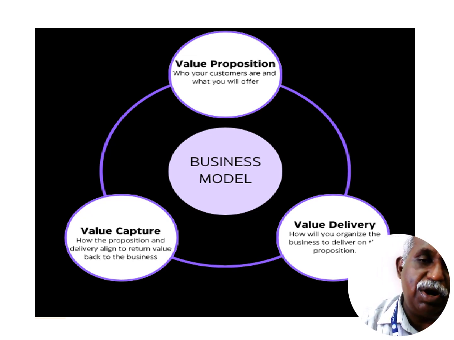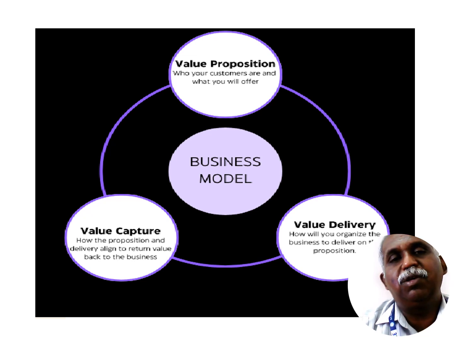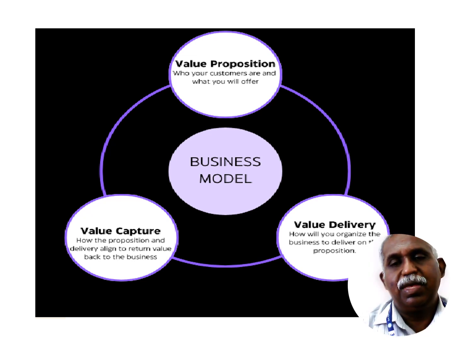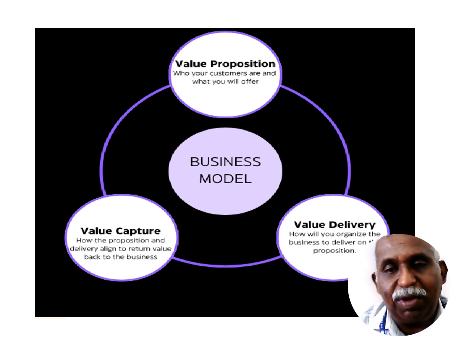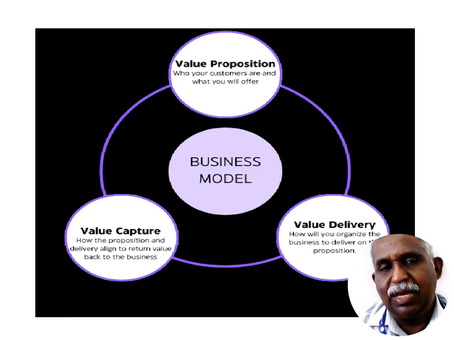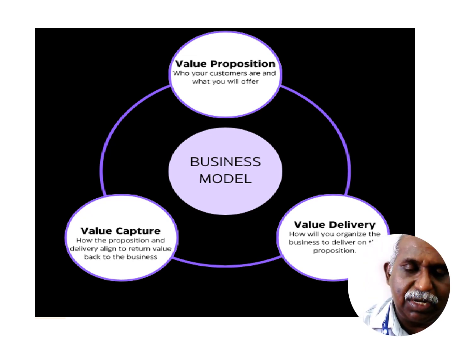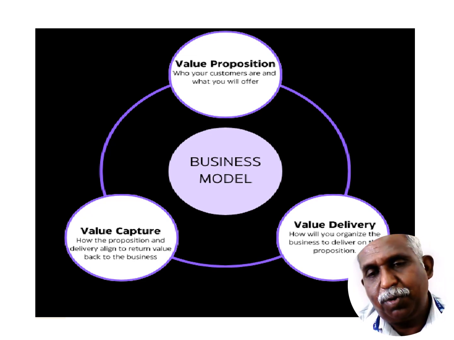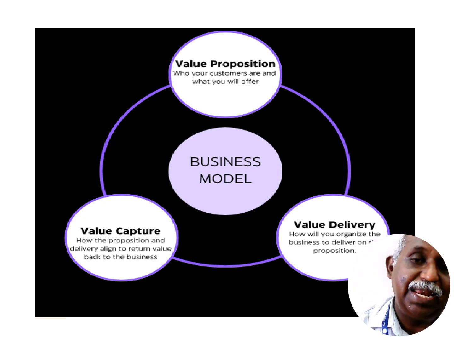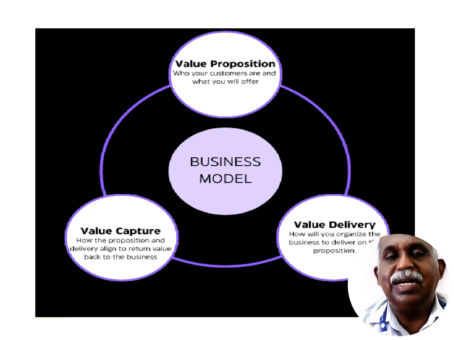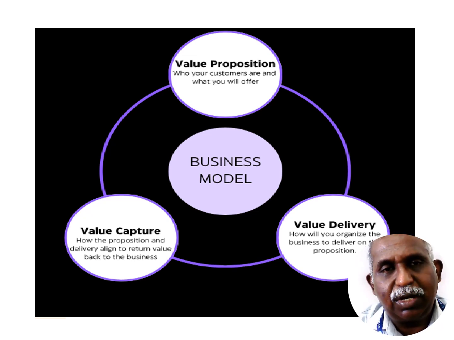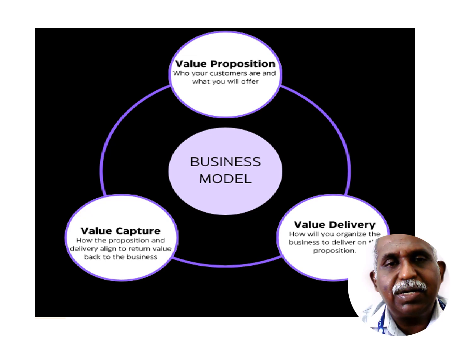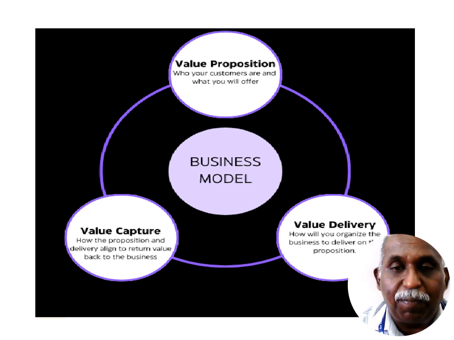In the business model, we have three major key parts. One is value proposition. We already studied what is meant by value proposition. In the value proposition, there are three major parts: number one, customer job; number two, pain of the customer; then gain creators.